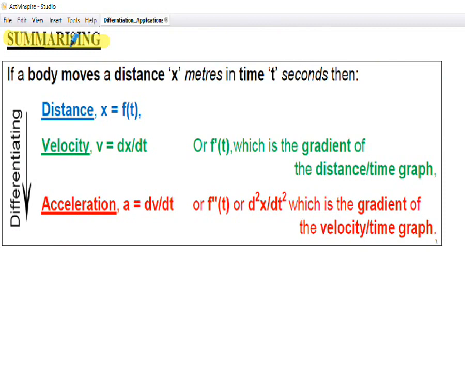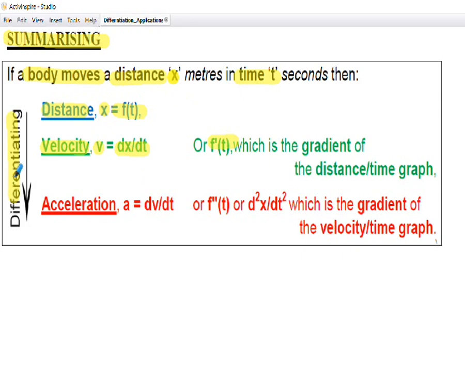Summarising the previous slide, if a body moves a distance x meters in time t seconds, we have an expression for x as some function of t, and that relates to the distance. If we differentiate the distance with respect to time, we get velocity, v equals dx by dt, that's the first differential, or sometimes written as f dash t in this case.